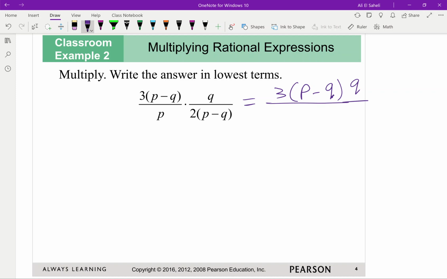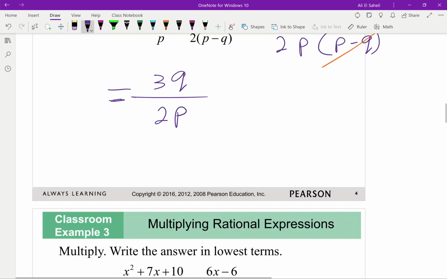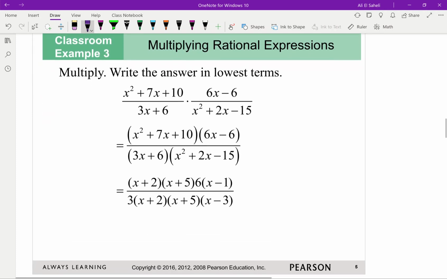Alright, and you have P times 2 times P minus Q. Both have P minus Q, both the numerator and denominator, and these are the only common terms. So what's left is 3Q over 2P.